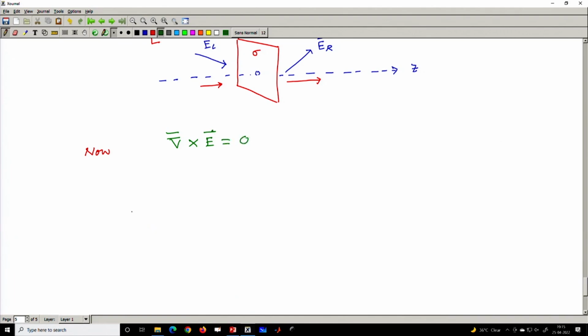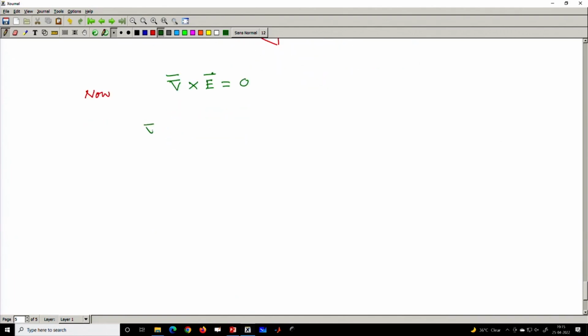If that is the case, then I can have the curl of E, I know from equation 1, I can write it, and that is E_R H(z) plus E_L H(minus z), and that quantity is 0.